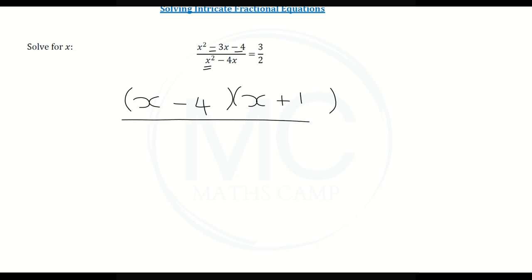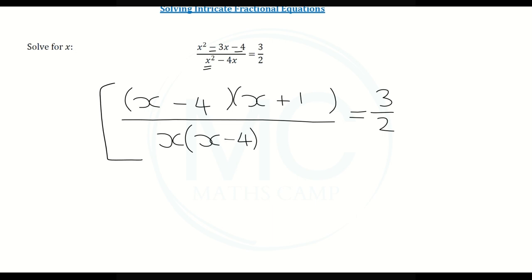Let's draw in the line for our fraction. In the denominator, we've got x squared minus 4x. Both of these terms include an x variable, so we can take it out as a common factor. So we have x, open our bracket, x minus 4. On the right-hand side of the equation, our fraction is simply 3 over 2, which cannot be simplified, so we leave this as it is.